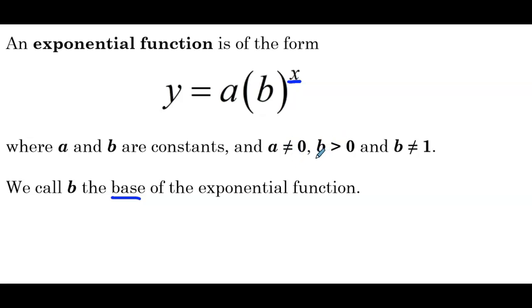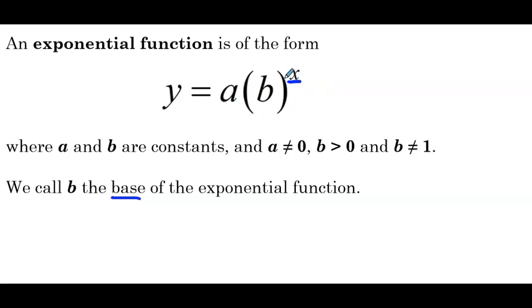Now we'll skip over the second piece and look at why the base can't be 1. Well, if the base was 1, we'd have 1 to the second, 1 to the fifth, 1 to the negative third power. All of those examples I just listed would all give us out 1.